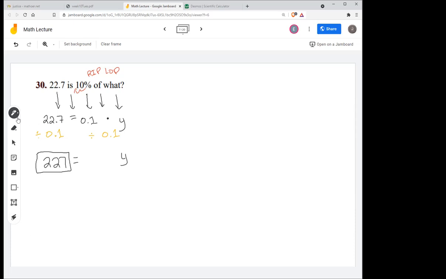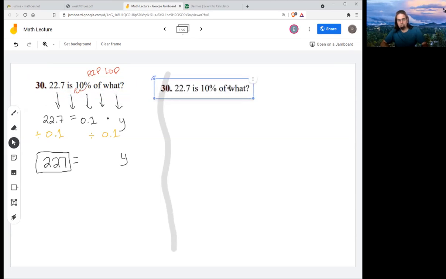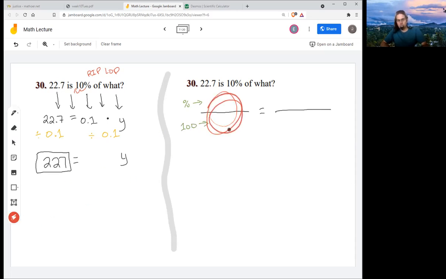So with the proportion method, we had the percent, the number 100, and that was part over whole as a percent.